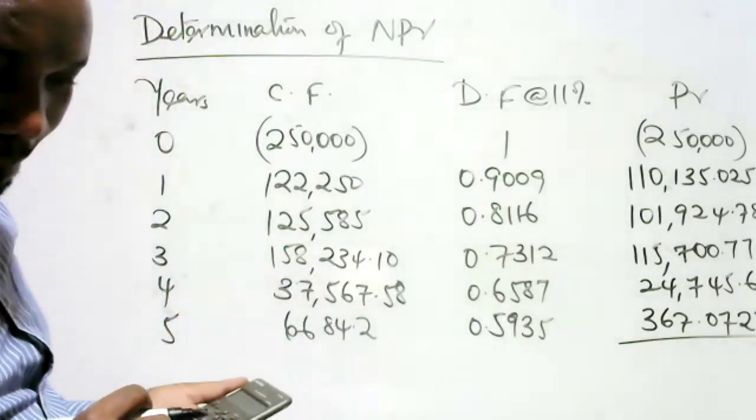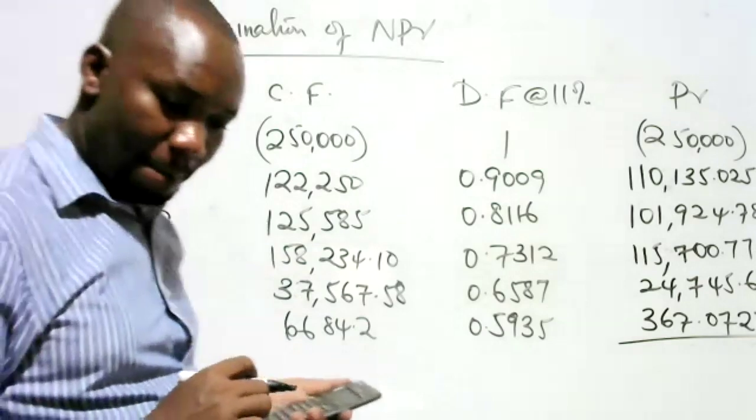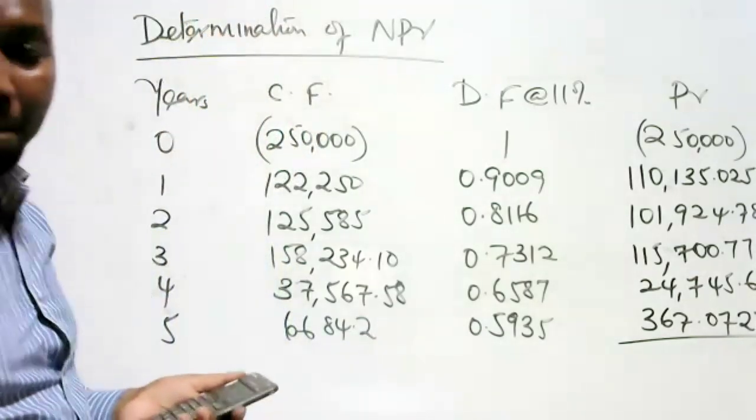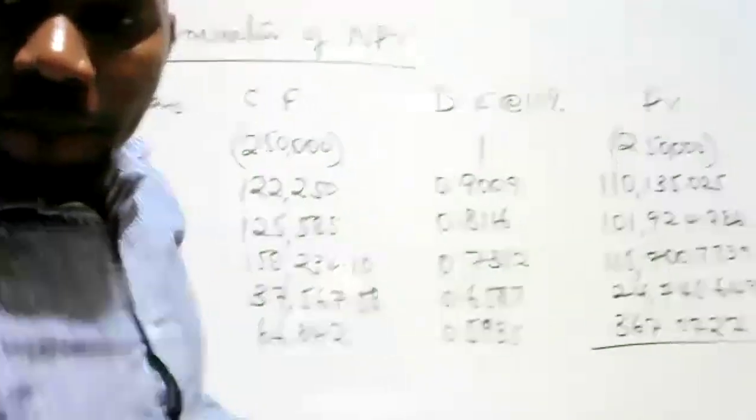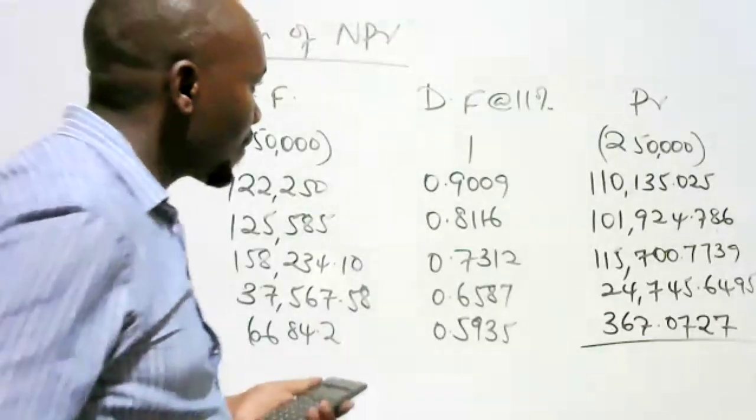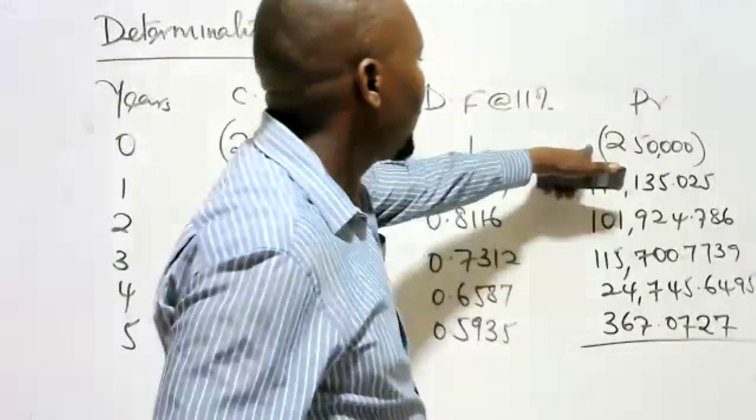What are you getting? $356,473.43. Minus this.